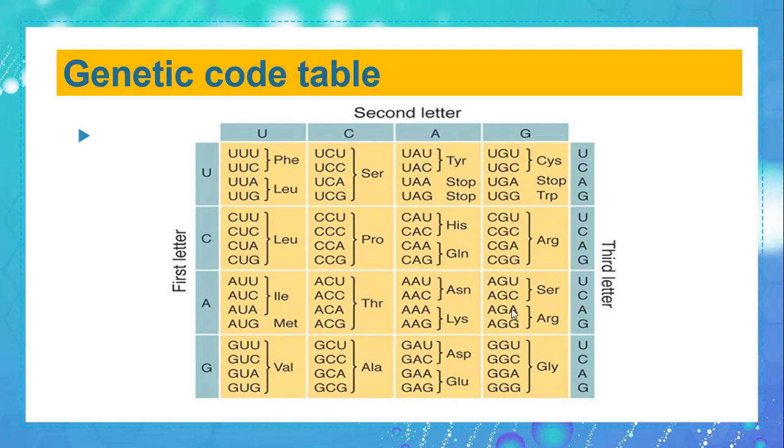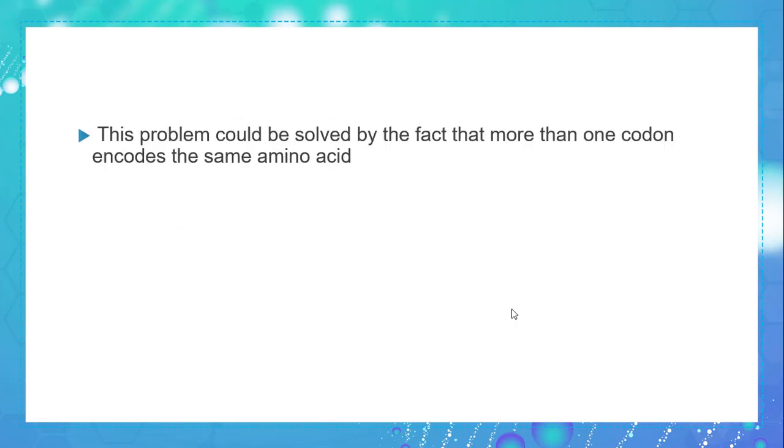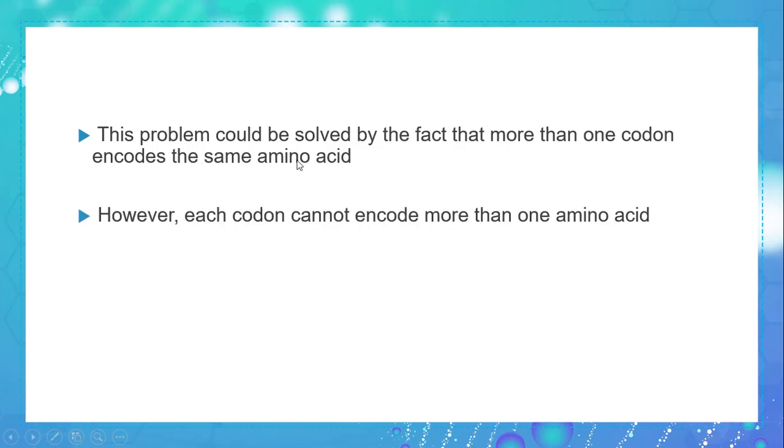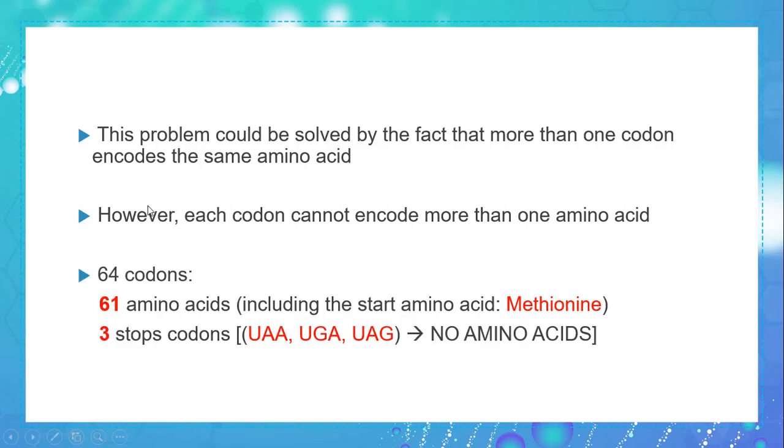If you go back to the problem that was posed previously concerning the presence of 64 codons and the fact that we have only 20 amino acids, this can be solved by the fact that more than one codon encodes for the same amino acid, but each codon cannot encode for more than one amino acid. So we get to this conclusion here.